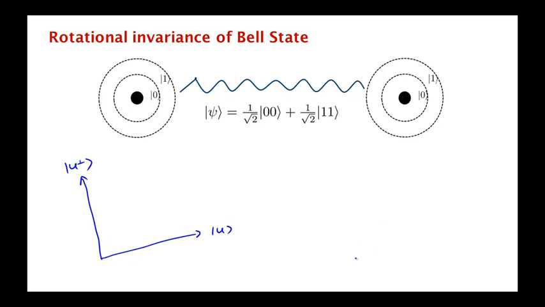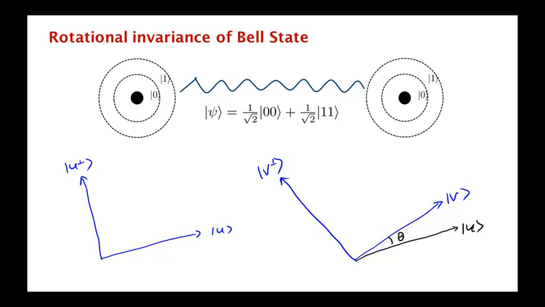So we pick some different basis v, v perp for the second qubit, and we measure it in this basis. Okay, so let's say this was u and this angle is theta.